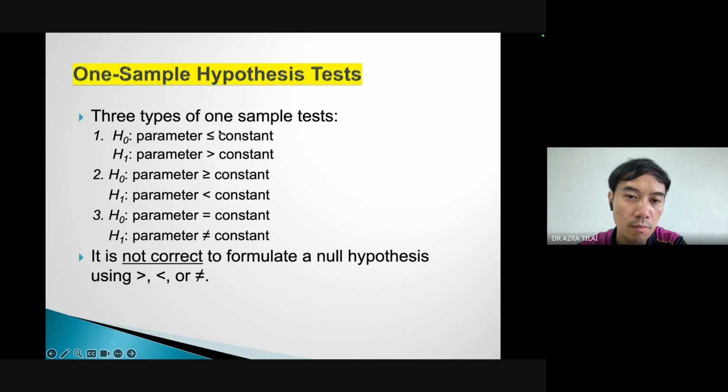One is more than and one is less than or equal to, and then one is more than or equal to and one is less than. Meanwhile, for this one, when you want to draw a graph, if it's like this, what type of graph?